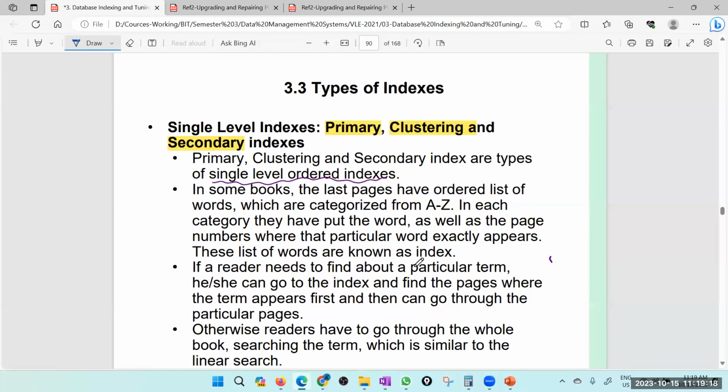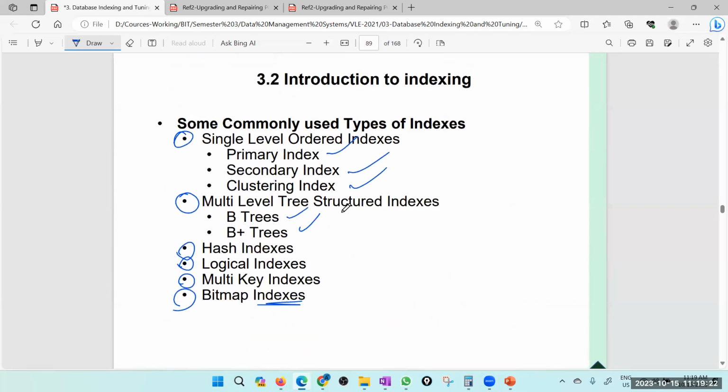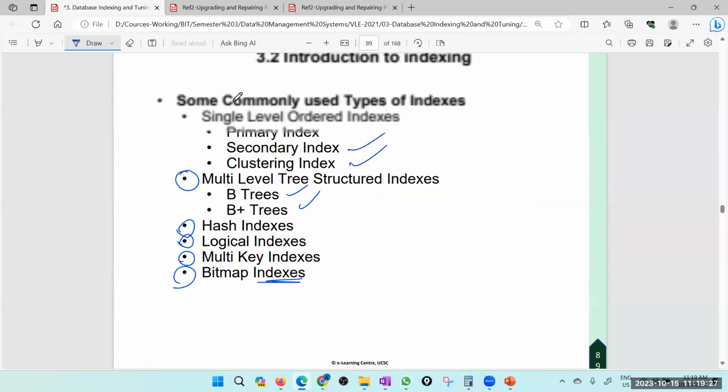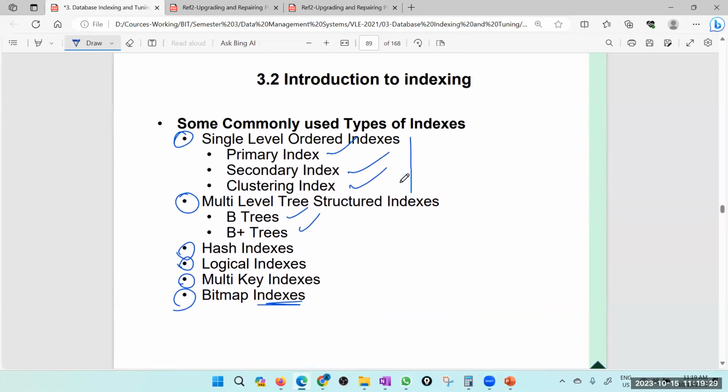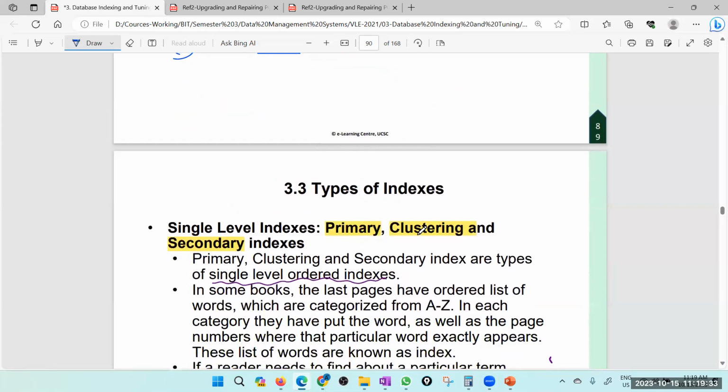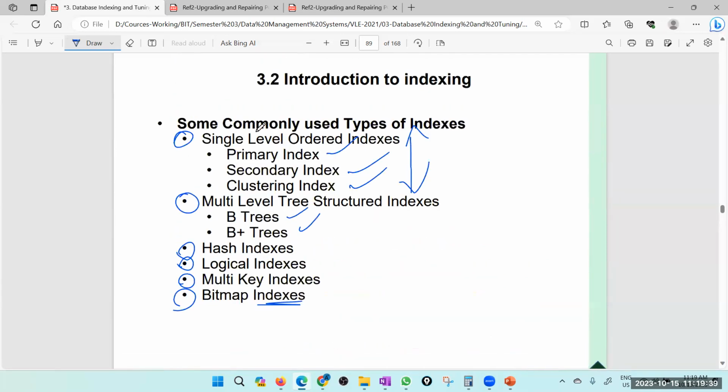So this is the main classification: primary index, secondary index, and clustering index. We first look at this classification. These are all single level indexes, so you have to keep track of this, otherwise you get confused.